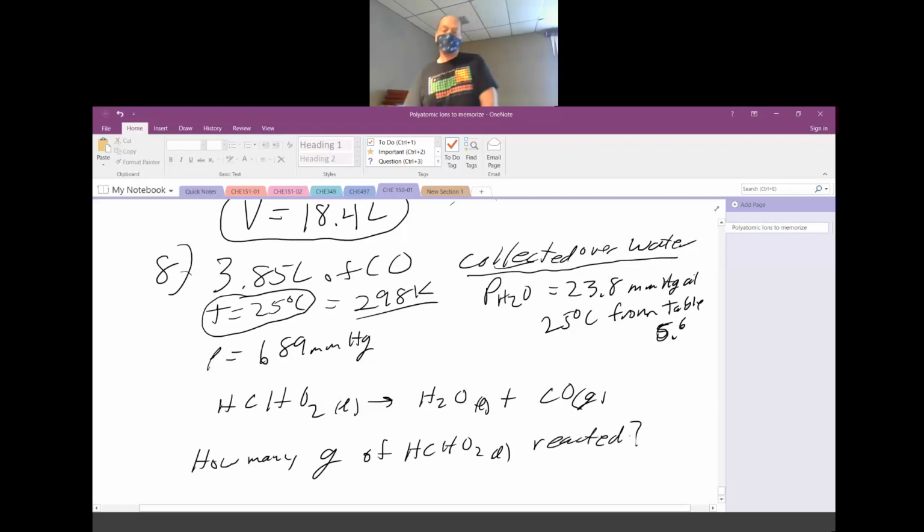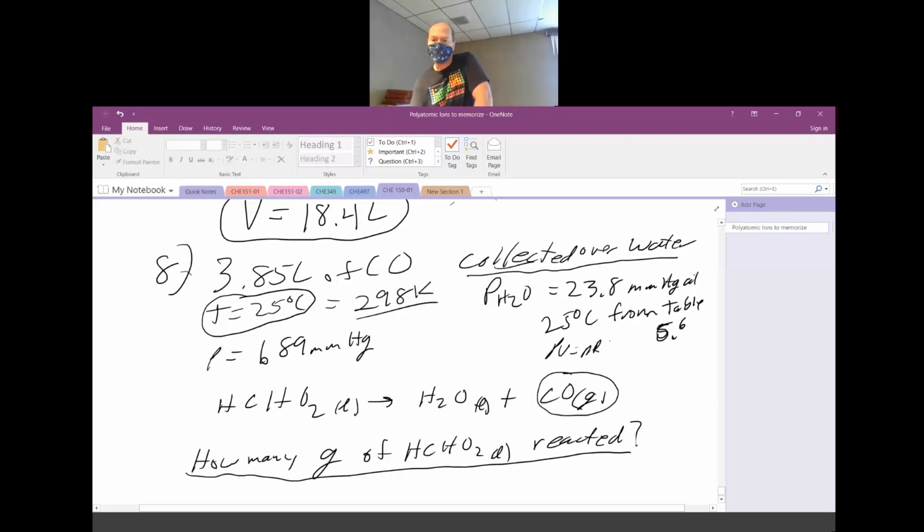All right, to answer this question, what we need to have is moles. We have a volume, a pressure, and a temperature, so we're going to find moles of our gas. The only gas we have is carbon monoxide, the gas that was collected over water. So from PV is equal to nRT, we're going to find moles of CO. Then we convert using the mole ratio, because we can't do a volume ratio.